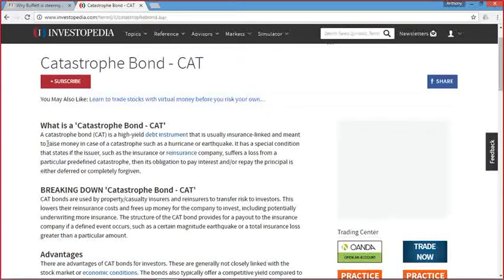You're raising money in the event of a catastrophe like a hurricane or an earthquake. Right, so someone actually gets paid out when there's a hurricane or an earthquake, because these are insurance instruments that are based on an event that can or can't occur. Wow. Okay, interesting, hey? Yes.